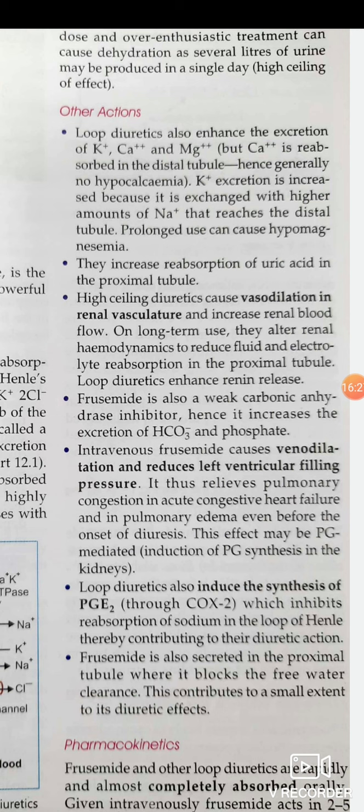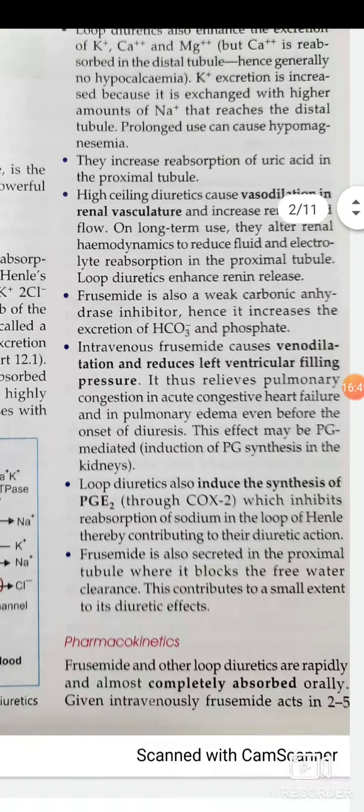So when diuresis effect is produced, before that it produces venodilatation and quickly can improve the blood circulation. And these effects may be prostaglandin mediated, and that is due to the induction of prostaglandin synthesis in the kidneys. Prostaglandin synthesis is increased in kidneys, and that's why this effect is produced.